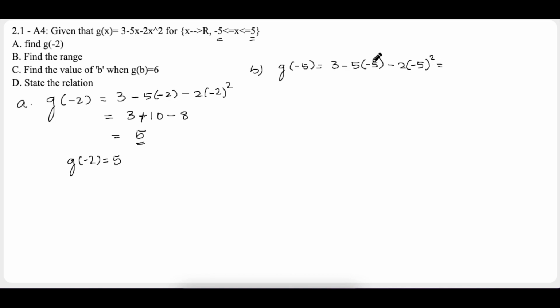On substitution, this is 25 and this is 50, and this is 3. So we get minus 22. Similarly, we find g of minus 4 equals 3 minus 5 times minus 4 minus 2 times minus 4 the whole squared. We get minus 9.